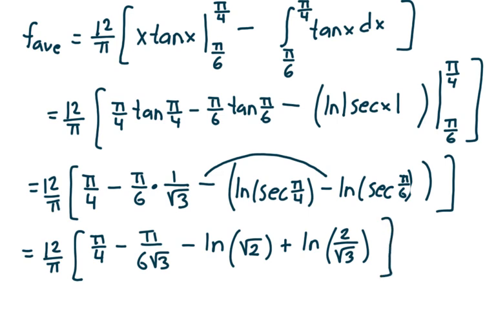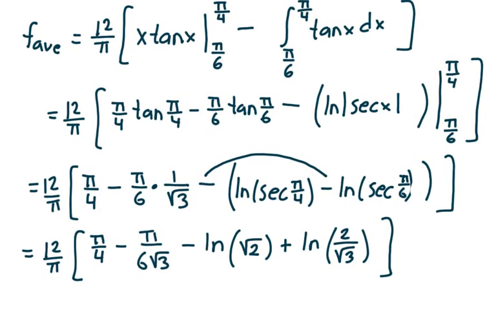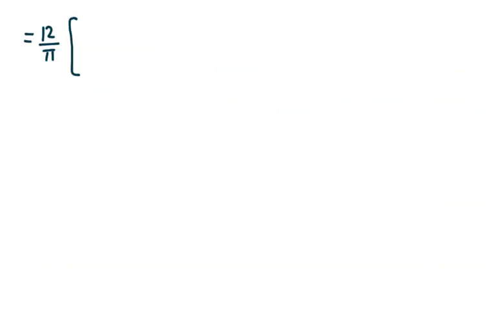Now, we could push this a little tiny bit, right? So this is 12 over pi times. We're going to get pi over 4 minus pi over 6 times the square root of 3. Okay.